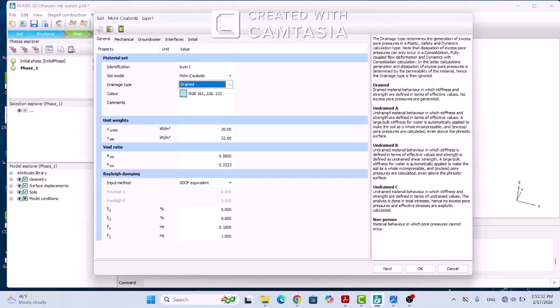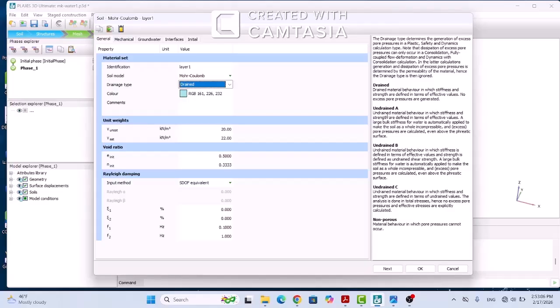But Mohr Coulomb constitutive model is not a suitable model, because it cannot calculate excess pore water pressure correctly and exactly during the consolidation. So if we use undrained A, we must be aware of choosing an appropriate constitutive model too.